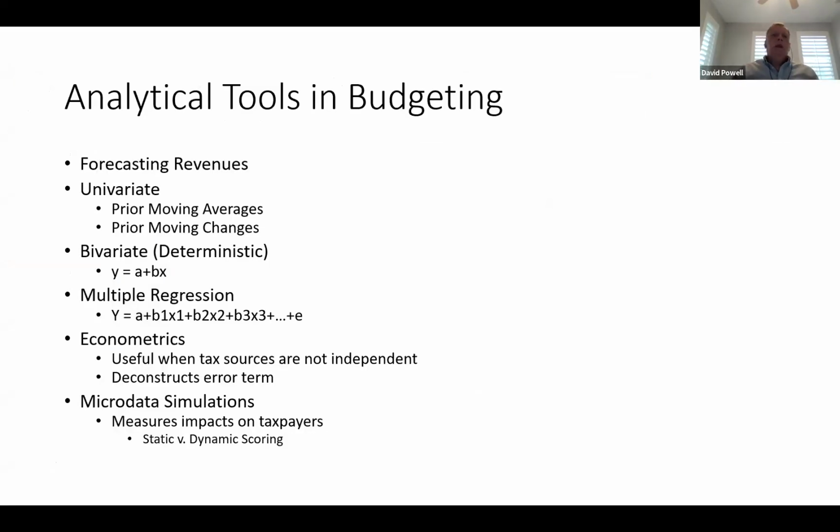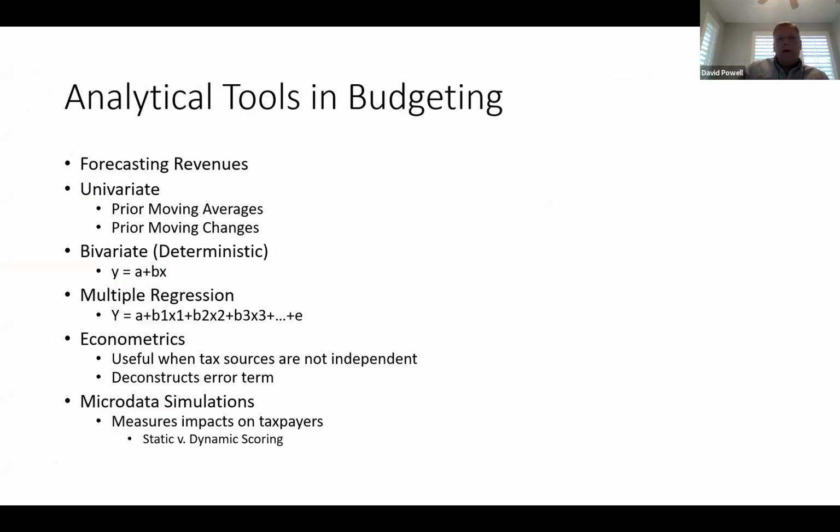Okay, there we go. This is admittedly a difficult topic to talk about when we talk about analysis and budgeting, because there are so many different analytical tools that budget analysts use and for a variety of different purposes.